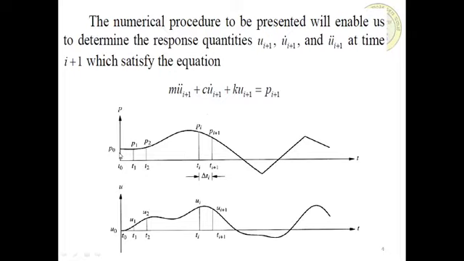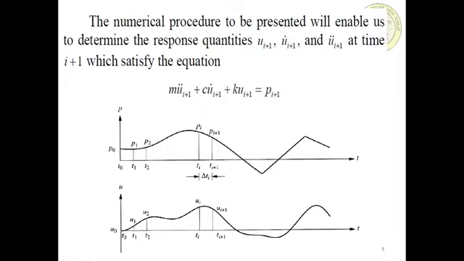You can see in the figure, the horizontal axis is t and the vertical axis is the p ordinate, and below that the horizontal axis is t and the displacement. The first one is the force, and correspondingly the displacement varies. At t equal to 0, p naught is the initial force and u naught is the displacement, which is 0.